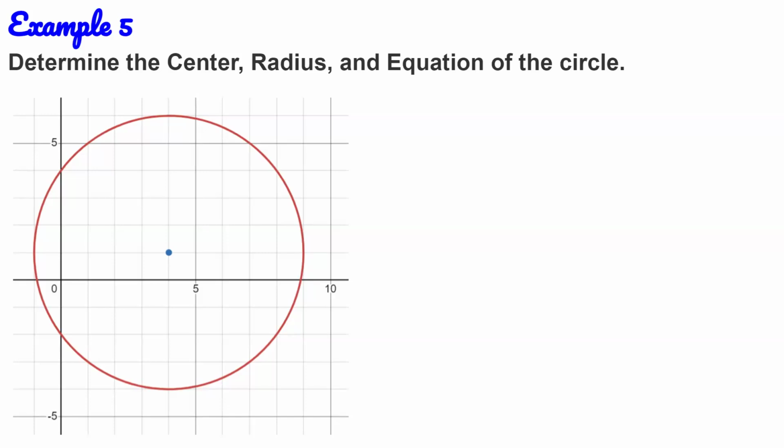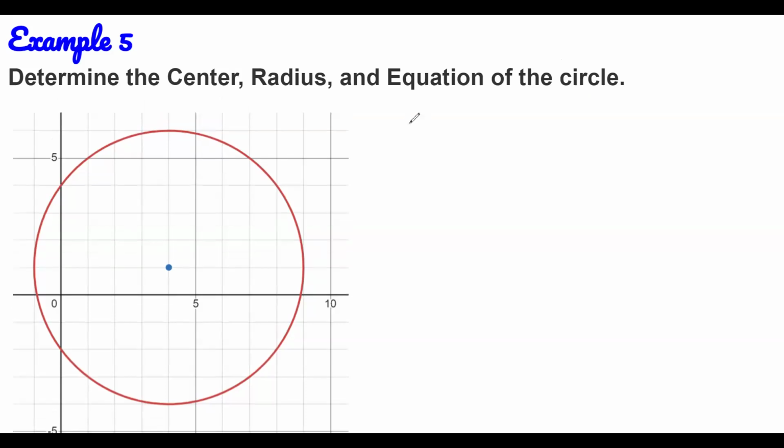Kenny's ready, right? You ready? Let's see, Kenny, what's the standard equation of the circle? In standard form. Yep. X minus h, the second power, plus y minus k, the second power, equals r squared.